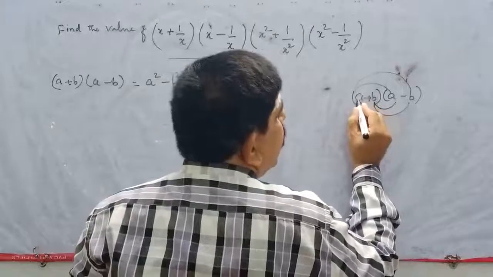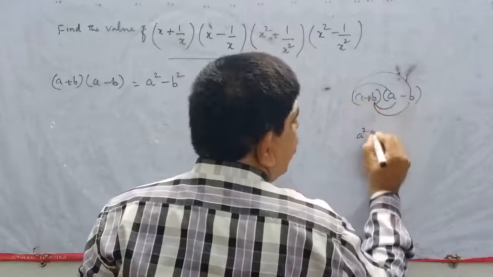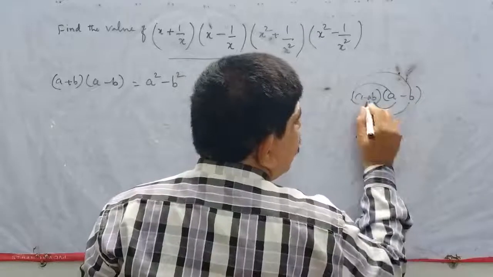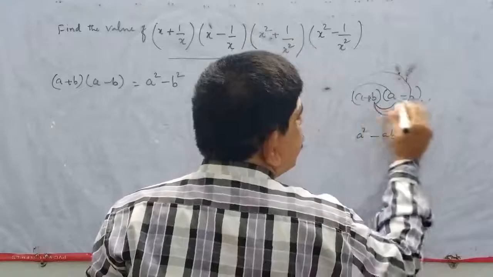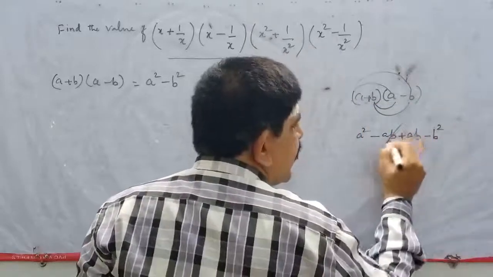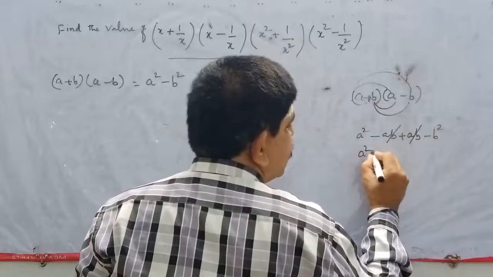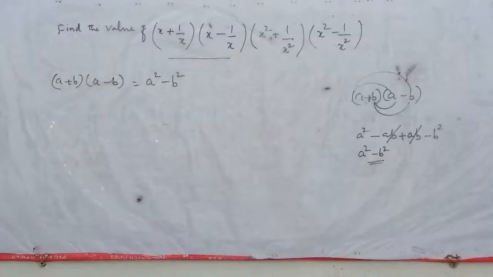So a into a is a square, a into minus b is minus ab, b into a is plus ba or ab, plus into minus, minus b into b is b square. So minus ab plus ab gets cancelled, a square minus b square. So (a plus b) into (a minus b) is a square minus b square.